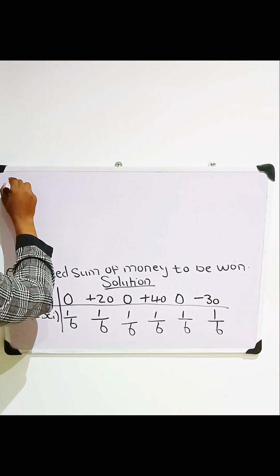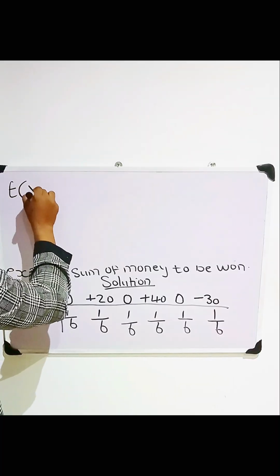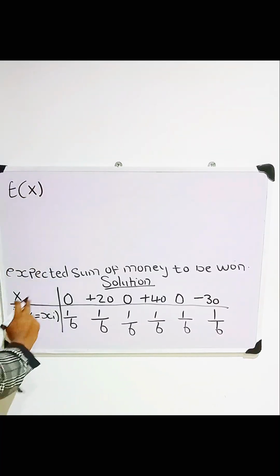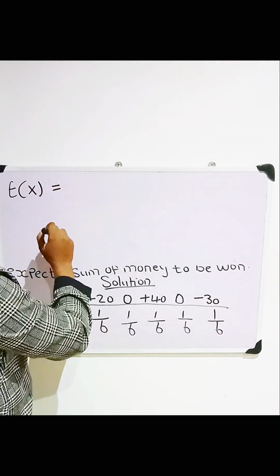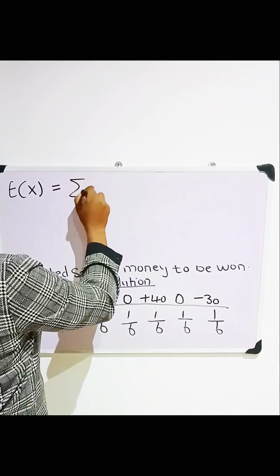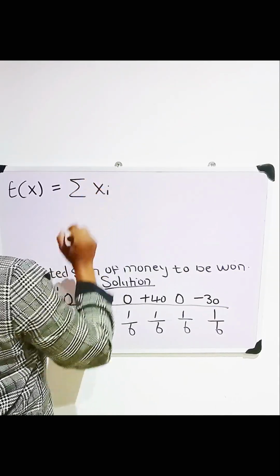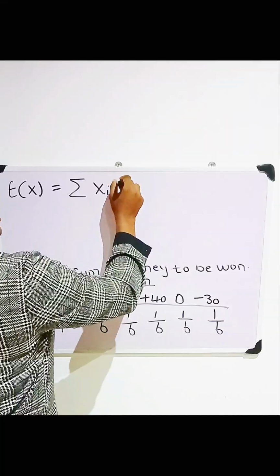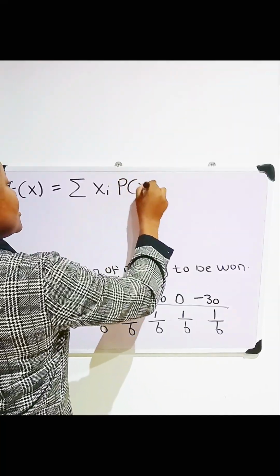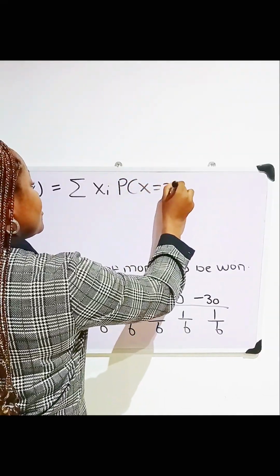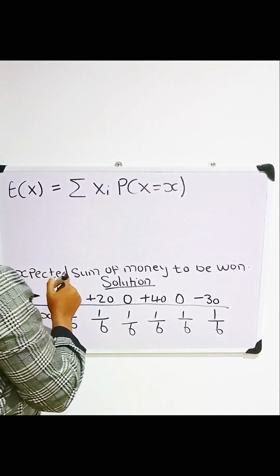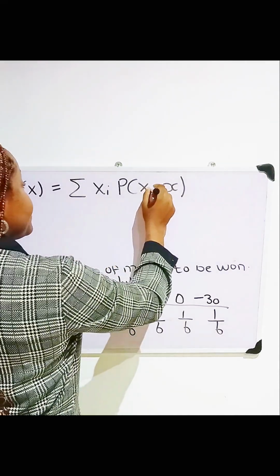So when we talk about expected sum of money, that takes us to a topic in statistics called expectation. Typically, expectation, which is generally denoted by E of the random variable X, is defined as the summation of the possible values of this random variable times the probability associated with each of them.